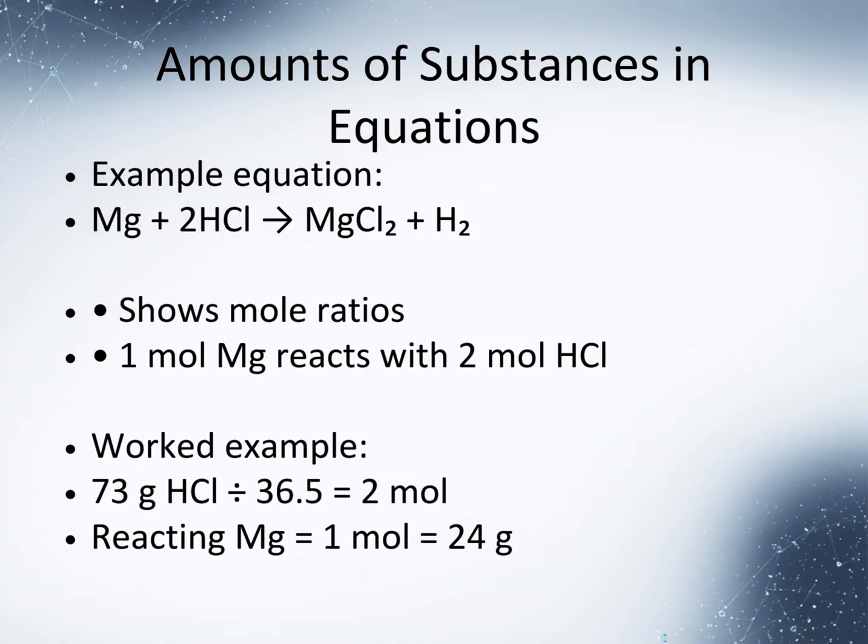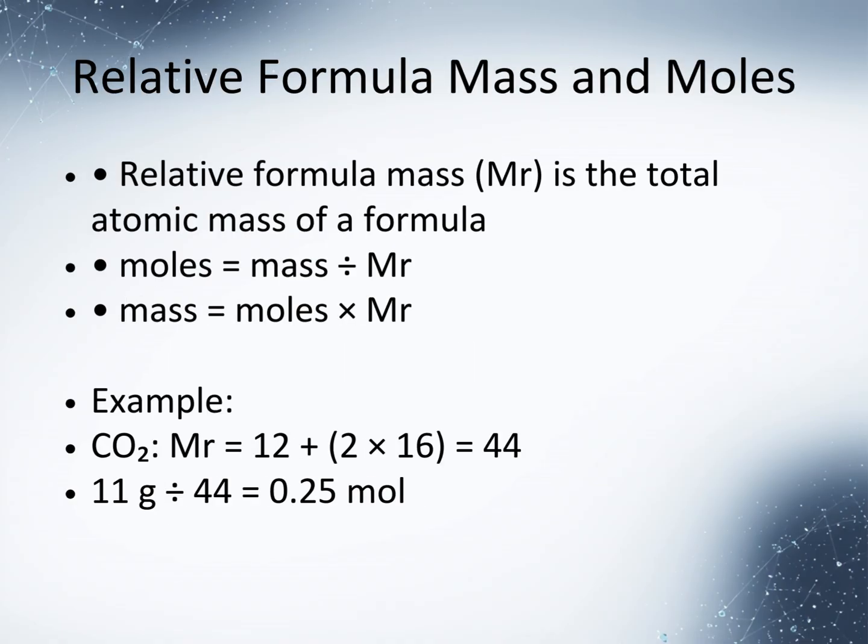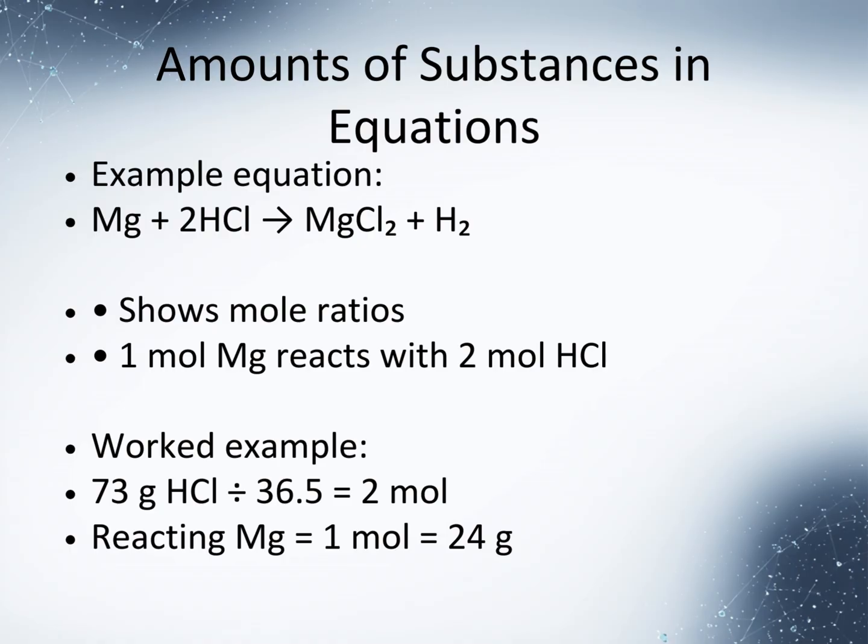Now, the big formula to work out moles is mass over Mr. If we want to work out the moles of CO2, say 22 grams of CO2 is there. So I do 22 grams divided by 44, which is the Mr, and then I get the moles.